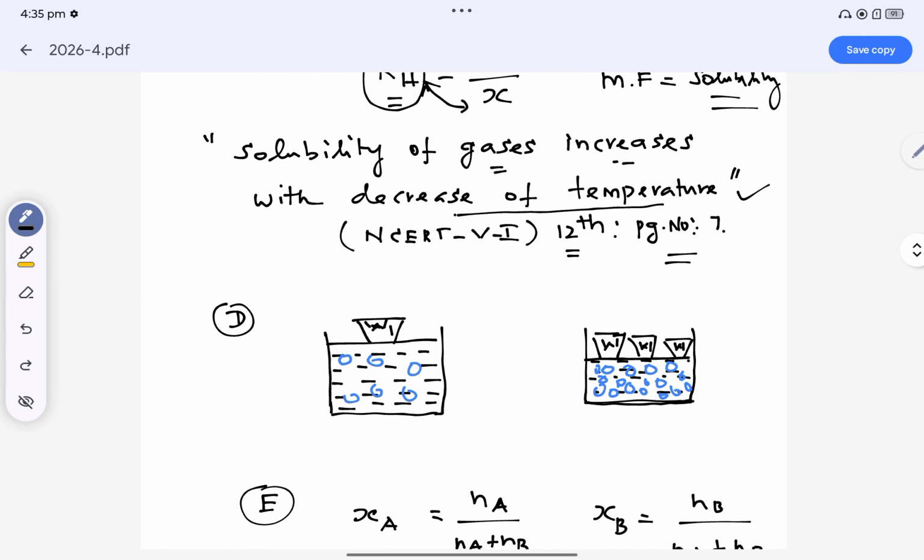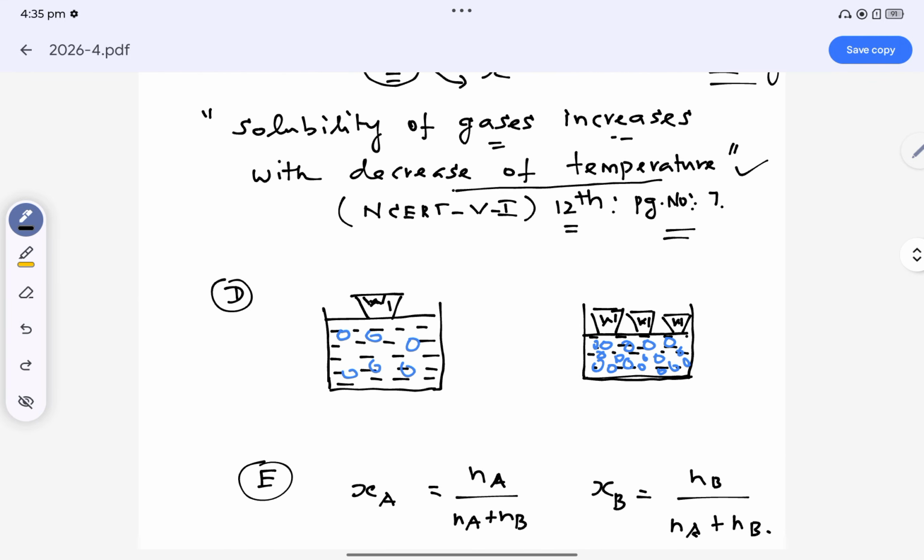Yes, note this diagram, my dear students. Here the weight is given. It is low pressure. It indicates the pressure value is low. Here high pressure is applied. Whenever you notice this picture, you can easily identify which one has higher pressure. This one has higher pressure.